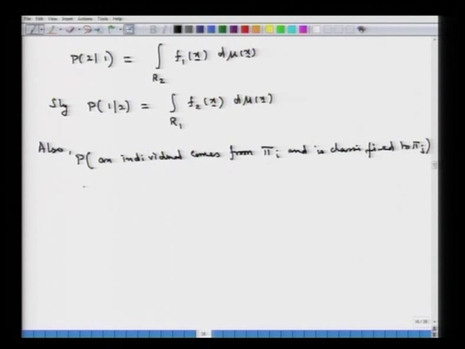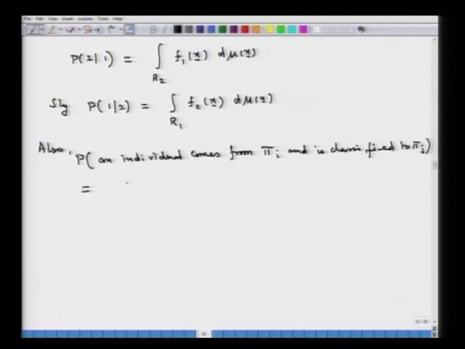What is this? This basically is a joint event that an individual is coming from pi I and then it is getting classified into pi j. So its probability is the probability that an individual first comes from pi I, into the probability that the individual is classified into pi j, given it has already come from pi I.